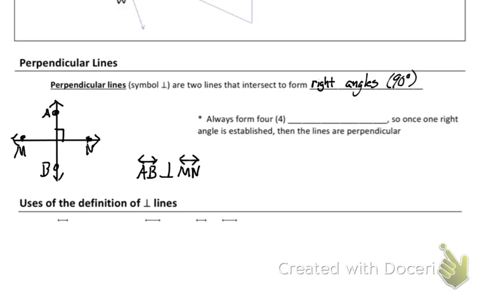So could you have a line like this, just touching the corner but not fully going through? Would that be considered perpendicular or no? Well, it'll always be going through. I think I know what you mean. Let me draw a picture of what I think you mean. So you mean like I have a line going here, and then you have a segment.